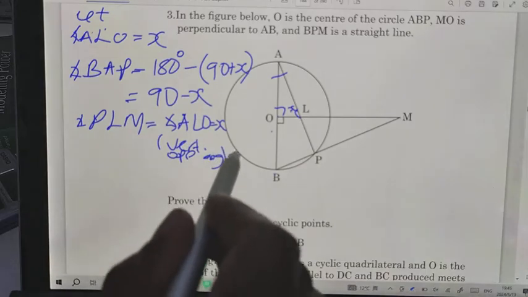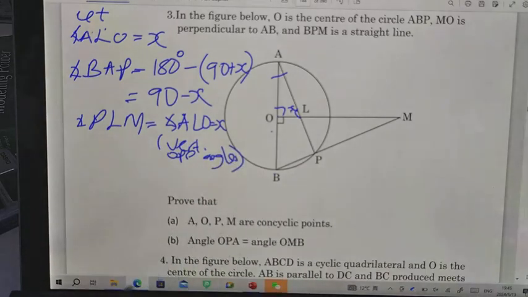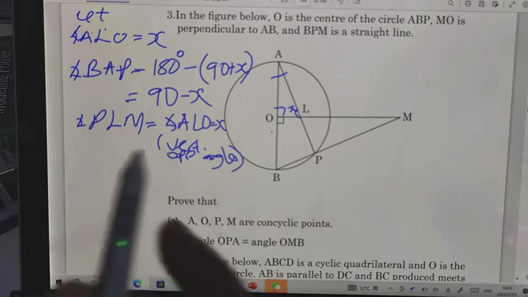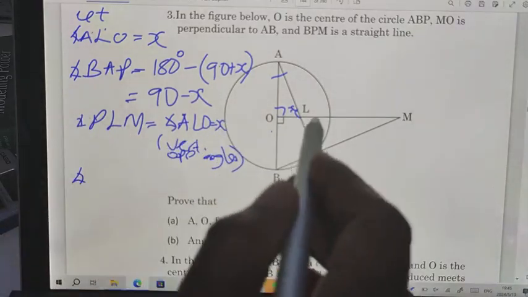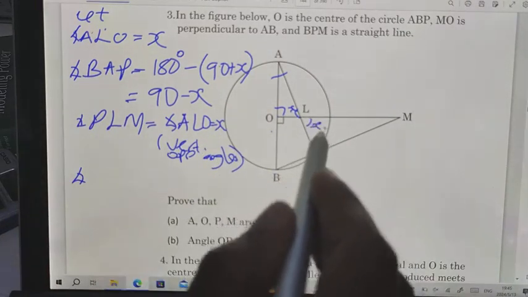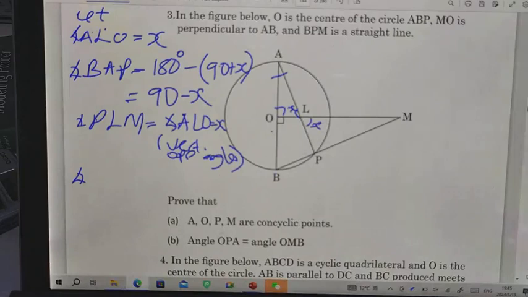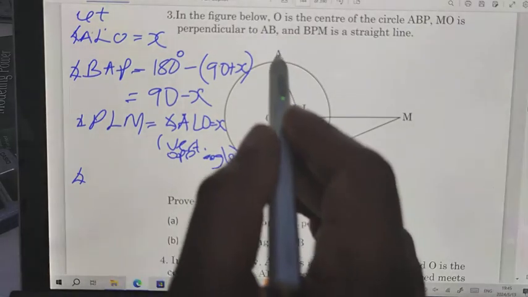You see, here we are using vertical opposite angles. So you need to open your mind and understand this. Therefore, that's x, which means this one is also x, right?